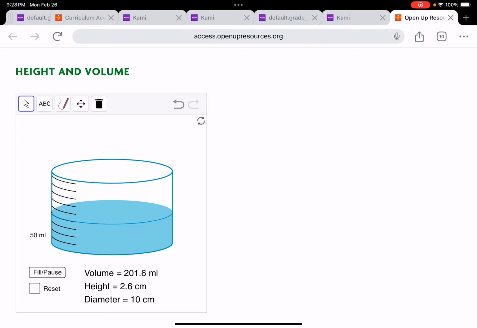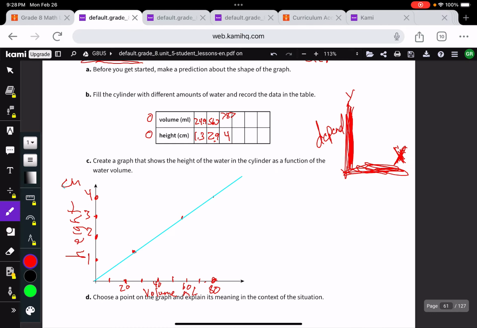So let's go back to our graph. 2.6 and 201. We'll write it over here, 2.6 and 201. So if I go to my graph and I go up to a height of 2.6 and I go over to 201, well, guess what?